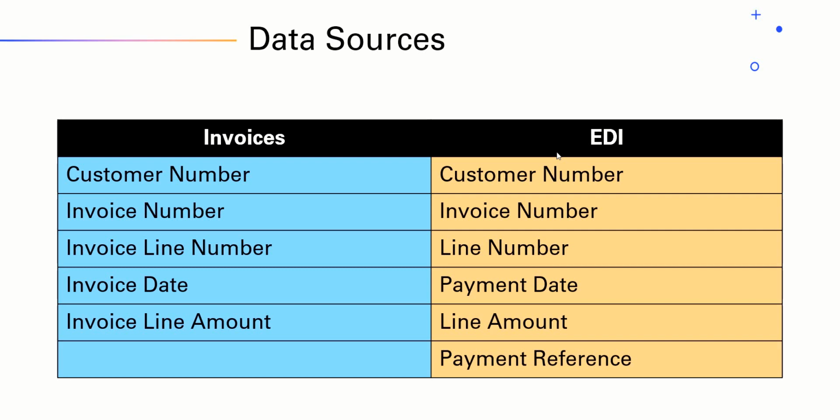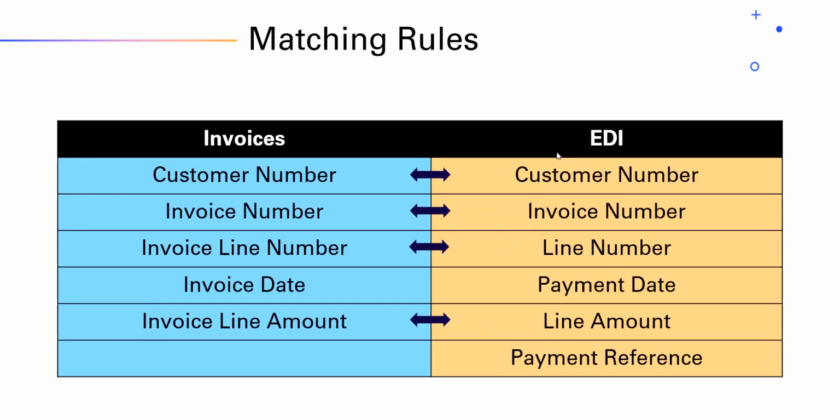Now we're going to match and make sure that whatever we invoiced, we got that much money back, right? So if we invoiced $1,000, we want to make sure that we got that $1,000 back. In transaction matching, in the match type for our example, invoices is one of the data sources and EDI is the other data source.